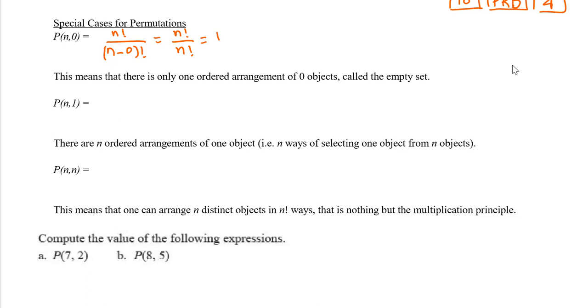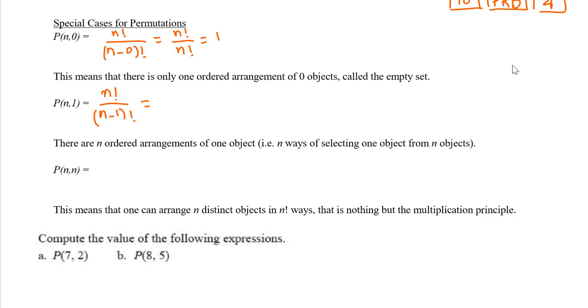And when you choose 1 out of n, how many? Let's see, you have only one digit from 10. How many different ways could you choose that? Intuitively, I would say I choose 0, 1, 2, 3, up to 9. That means I have 10 choices. That's intuitive. But if you use the formula, this is n factorial divided by (n minus 1) factorial.